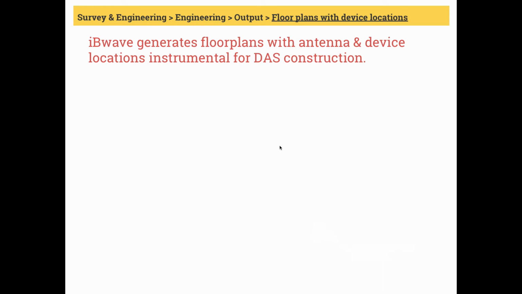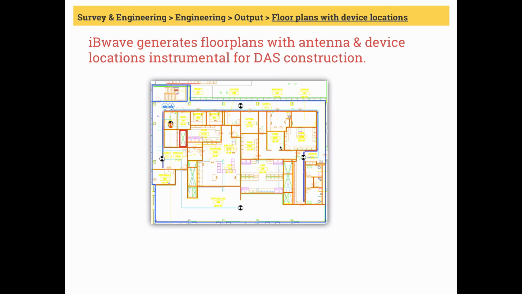So IBWave generates floor plans with antenna and device locations, and this document is instrumental for DAS construction. Here is a sample floor plan with DAS layout. It's a regular floor plan but adds three pieces of information which make it so important for DAS construction. It shows the locations of the antennas and electronics.